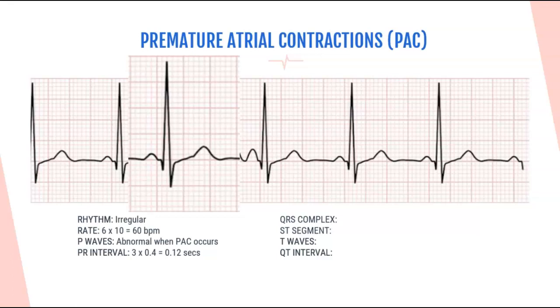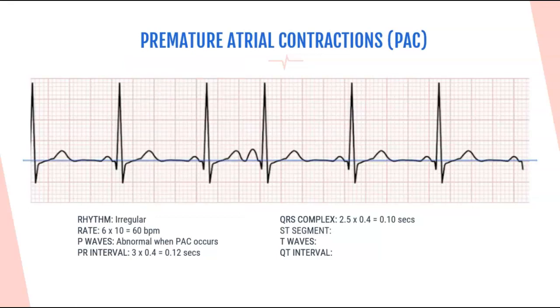Our QRS complex is about 2.5 squares. Multiply that by 0.04 and it gives you 0.10 seconds, which is within normal range for our QRS complex. Our ST segment comes down to the isoelectric line. Our T waves are upright.